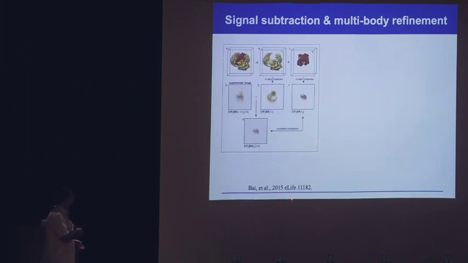This is Shore's paper that explains how this signal subtraction actually works. Basically, suppose you have a volume and you want to focus only on this region. What you can do, you can theoretically apply a mask and divide into two. This will be the surrounding region, this is the region you want to focus.